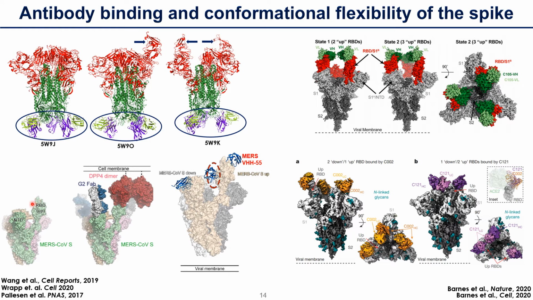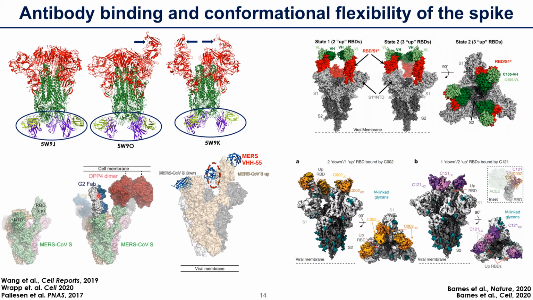Another example is the binding of a second class of antibody, the G2 antibody, which binds to the N-terminal domain of the MERS-CoV spike. Once it binds to the N-terminal domain, it was shown that it leads to opening up of the receptor binding domain.